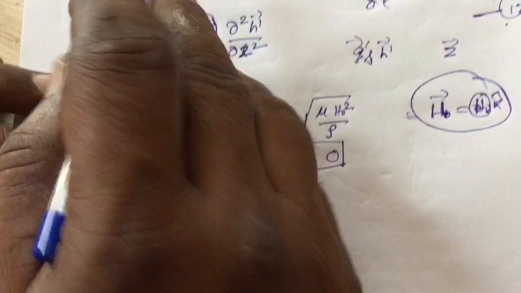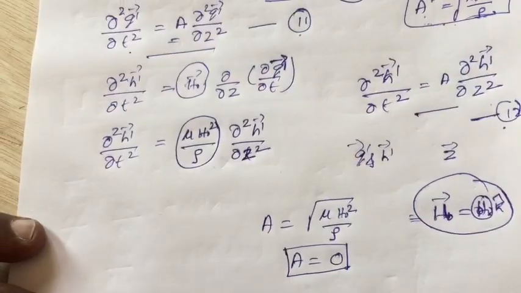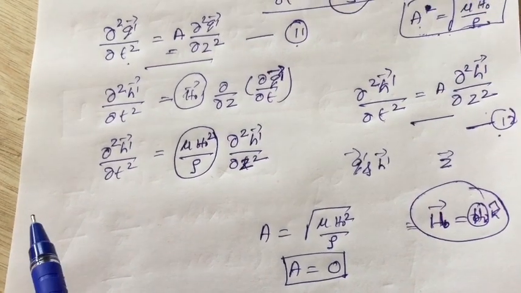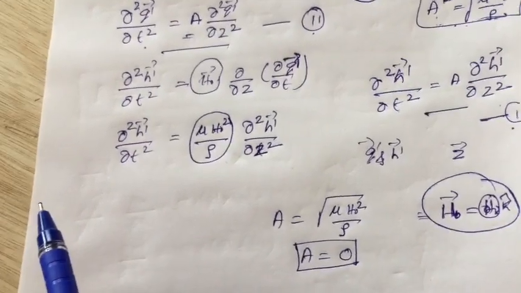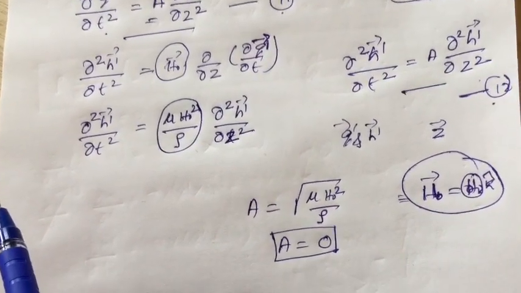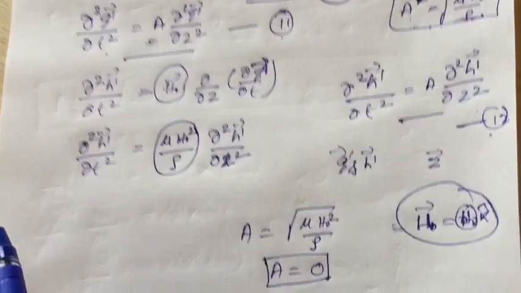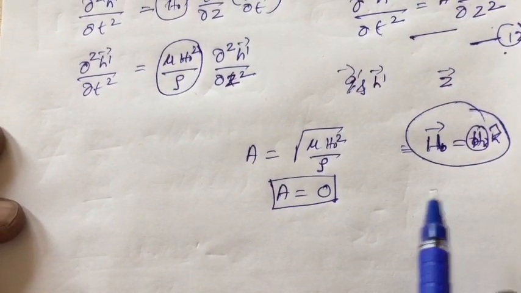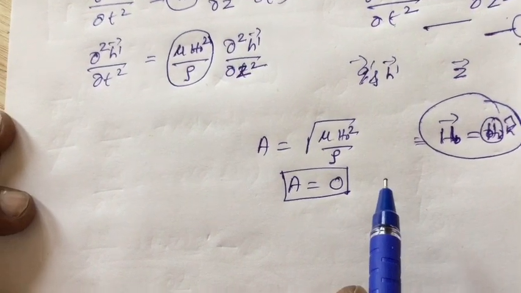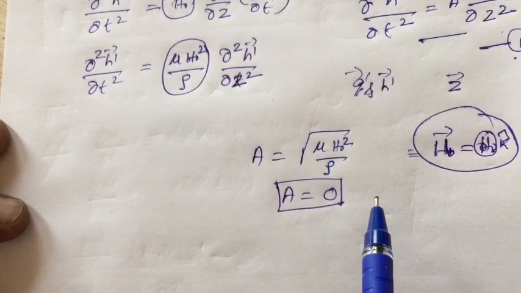It means that without a magnetic field there will be no Alfvén waves. To get the Alfvén waves there must be a magnetic field. Therefore Alfvén waves propagate purely because of the magnetic field. In the absence of a magnetic field, waves will not propagate.